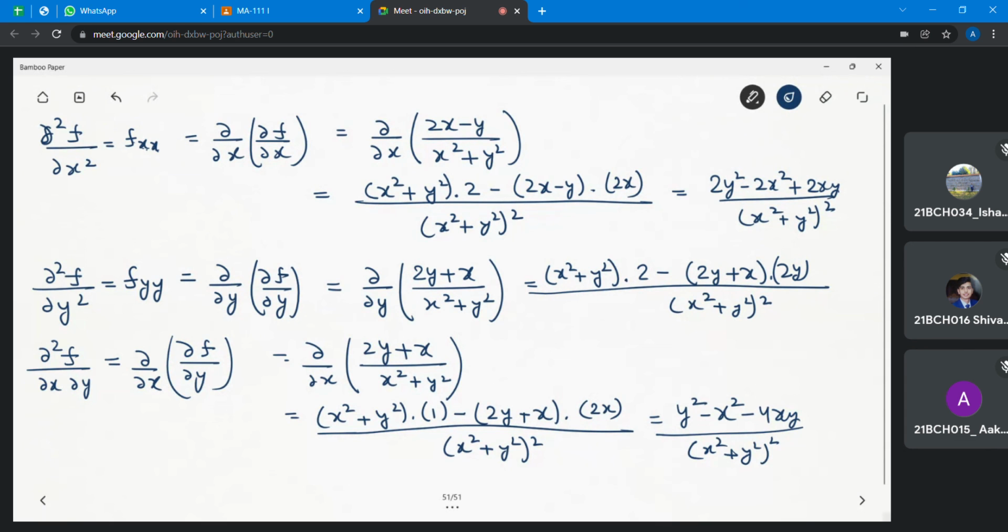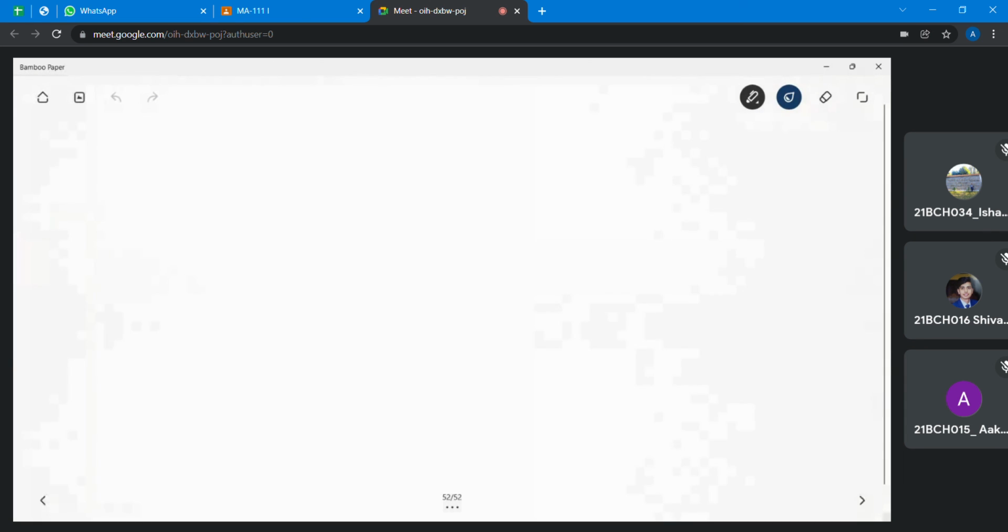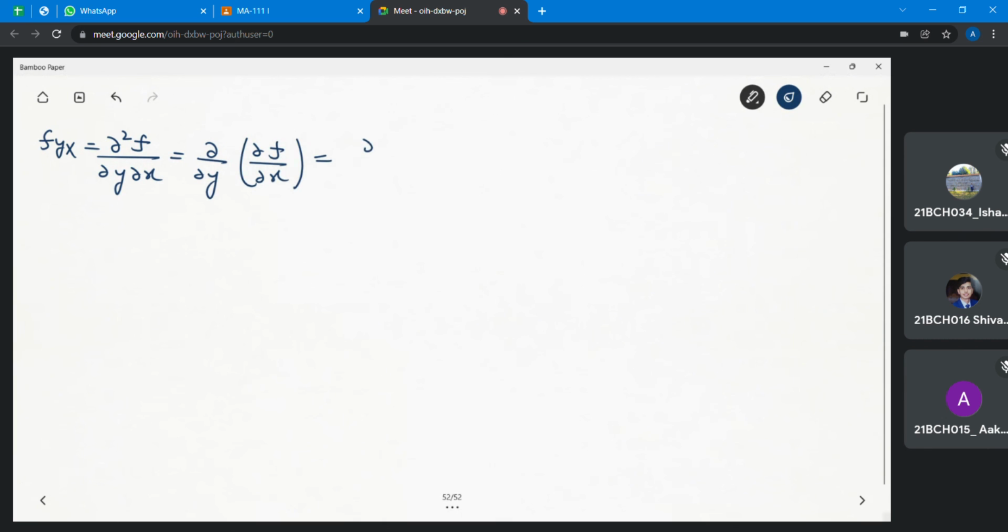So this can be represented as f of xy. Similarly, when we talk about second order partial derivatives, I can also write f of yx, meaning del square f over del y del x. So del over del y of del f over del x, which means the partial derivative with respect to y of the del f over del x that you evaluated, which is (2x minus y) upon x square plus y square.